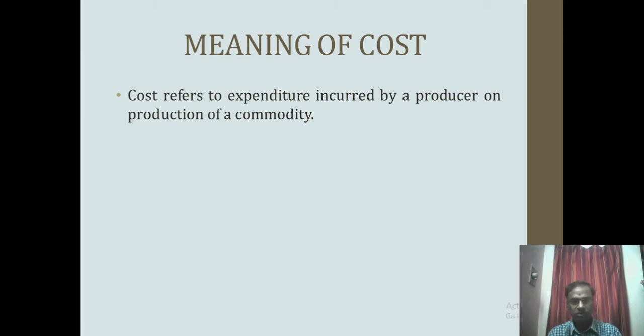To produce a commodity, the producer needs land, building, laborers, capital, raw material, electricity, various kinds of inputs. So the expenditure incurred to buy or to hire factor inputs is known as cost.